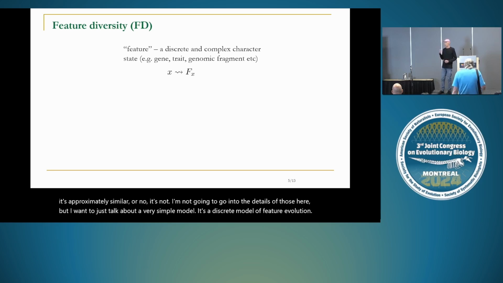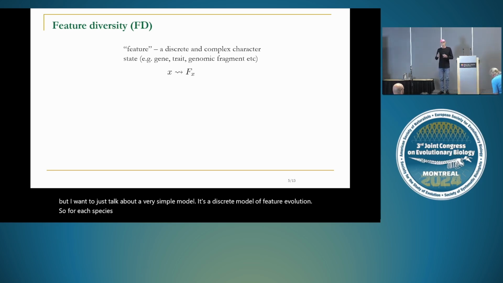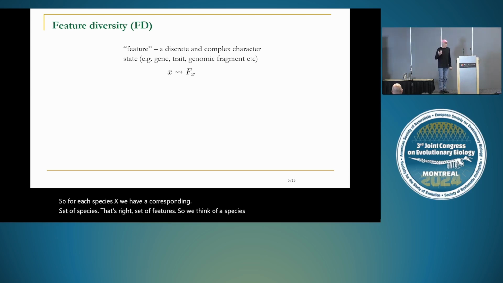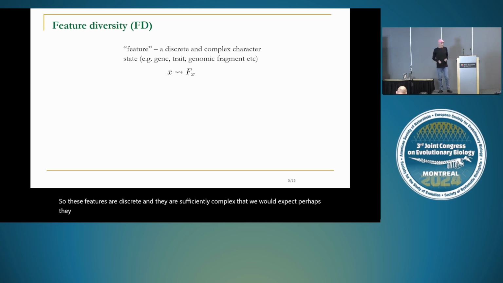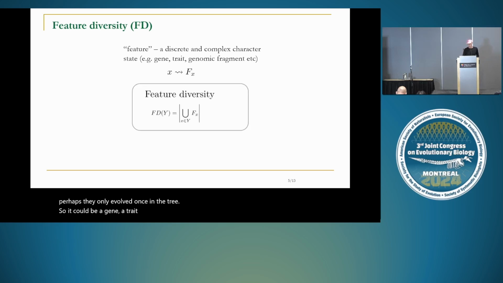For each species x, we have a corresponding set of features. So we think of a species as a bag of features, if you like. These features are discrete and sufficiently complex that we would expect perhaps they only evolved once in the tree. It could be a gene, a trait, a genomic fragment, or whatever.